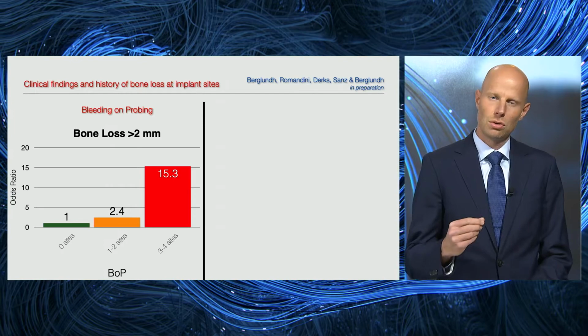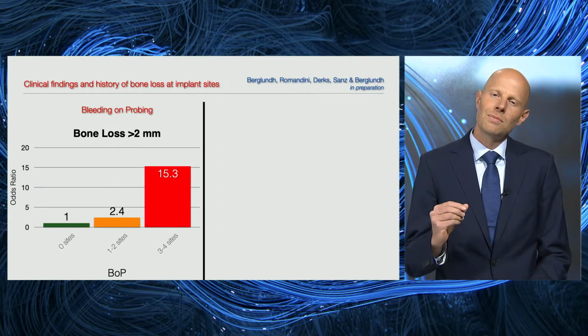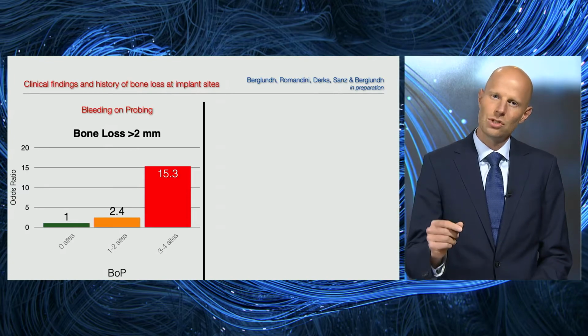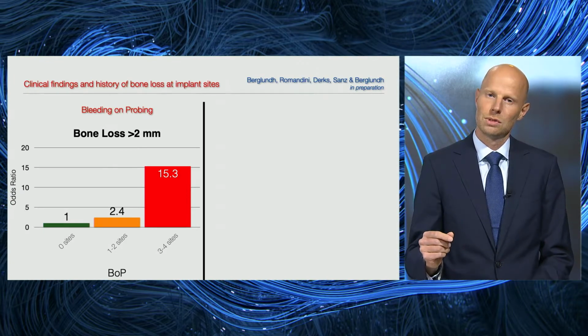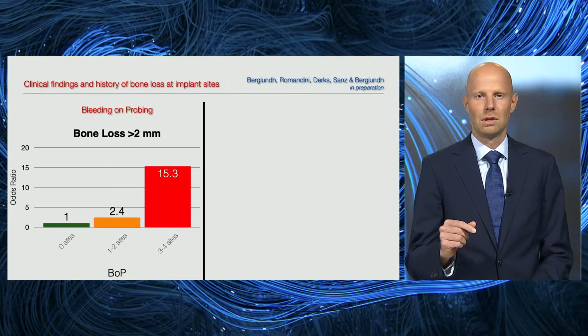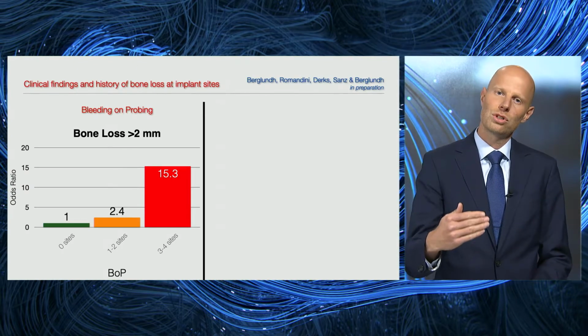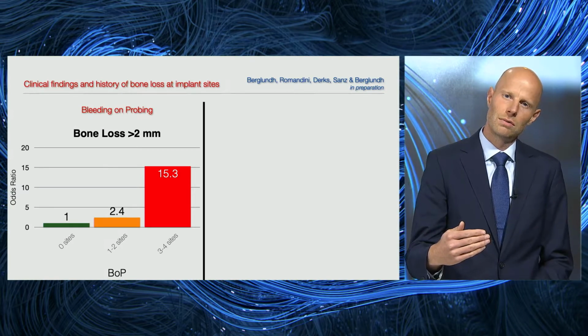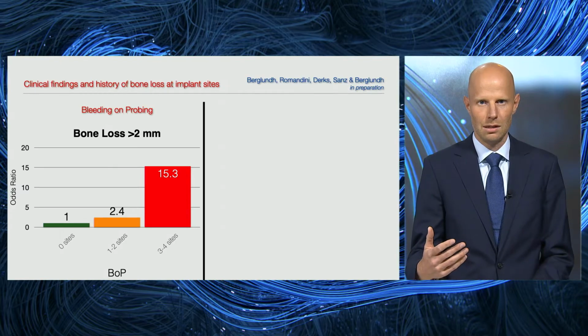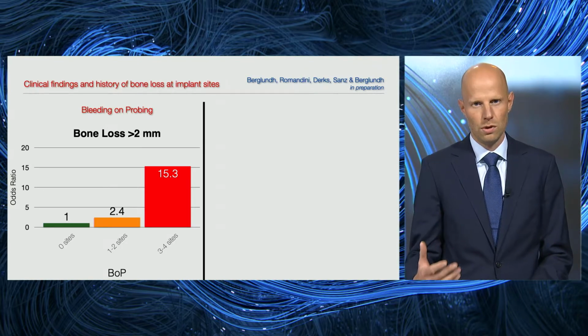It is very much connected to a history of bone loss. If you find circumferential bleeding, the risk that bone loss has occurred is multiplied. That is of course a clear indicator to follow up with a radiograph.